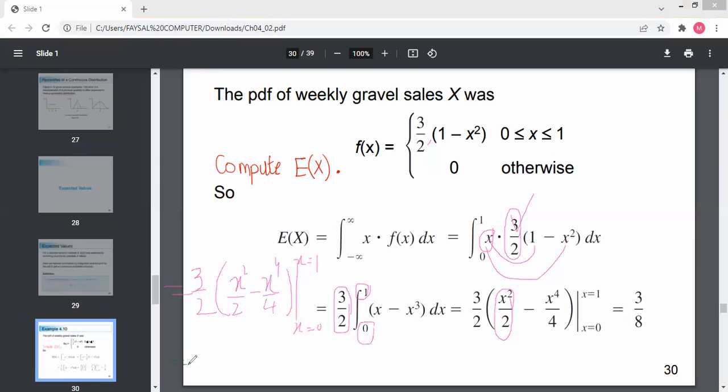So it will be 3 upon 2 times: 1 square divided by 2 minus 1 to the power 4 divided by 4, with a negative sign for 0 divided by 2 minus 0 to the power 4 divided by 4.